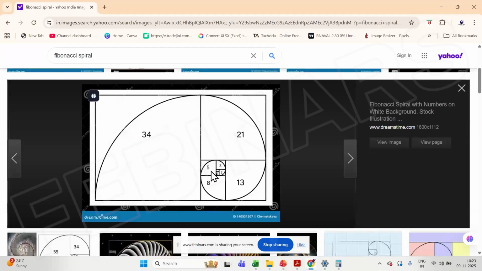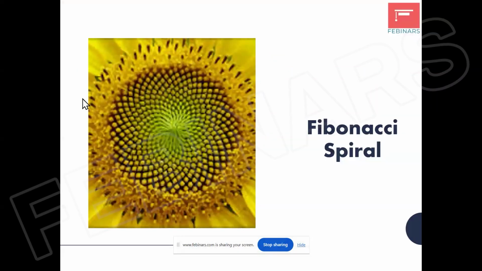See, this is how the spiral is designed in the Fibonacci sequence, and we are seeing in a similar way how sunflower buds are designed. Why is it important? We are going to learn with the charts.